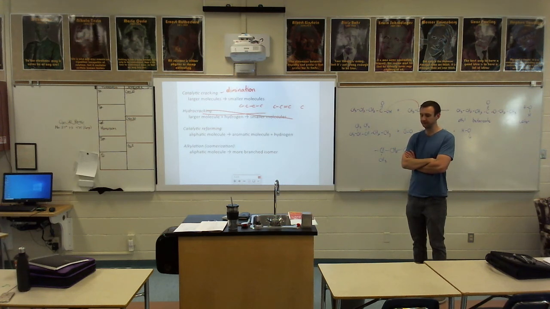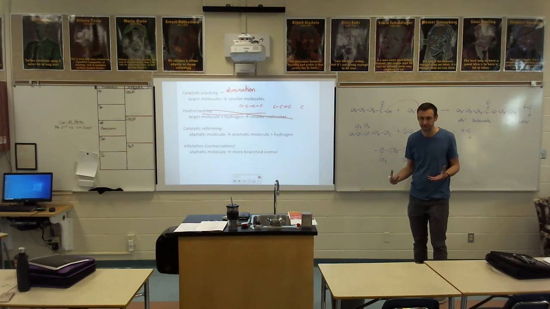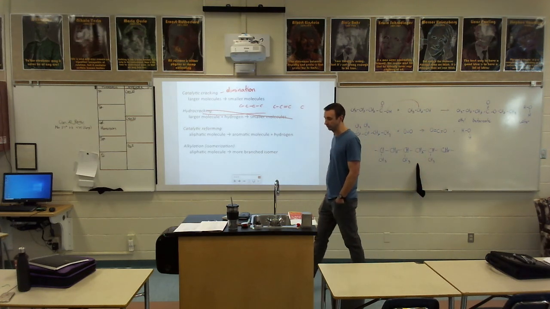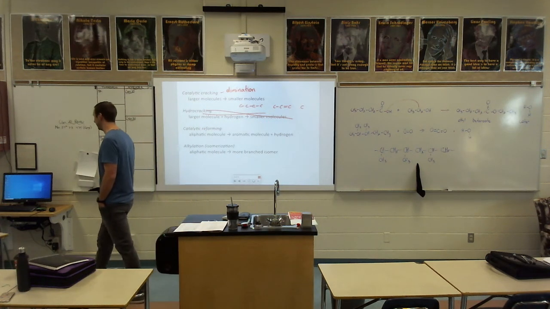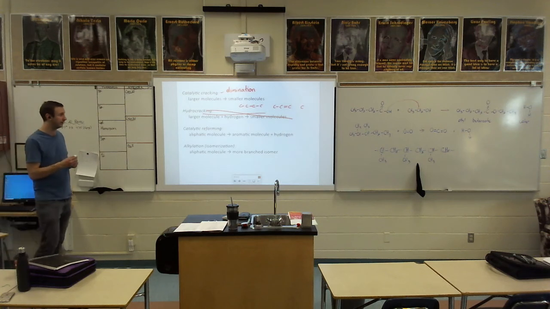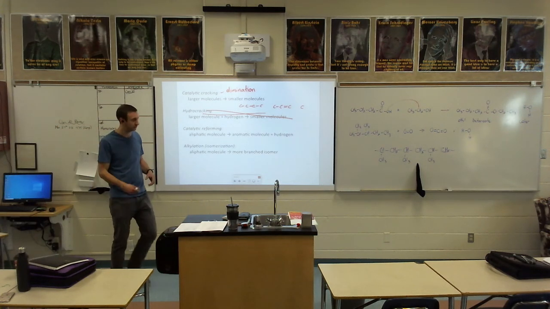Reforming, think about it as the word of reforming if you're making something fancier. Something like you're making benzene, or you're turning smaller things into larger things. You're just making it fancier. So reforming, making it fancier. And then alkylation, also known as isomerization, and sometimes these are actually treated as the same, they kind of use these terms interchangeably.